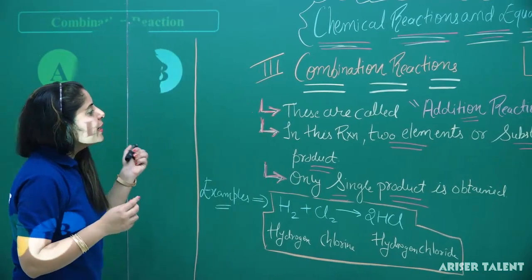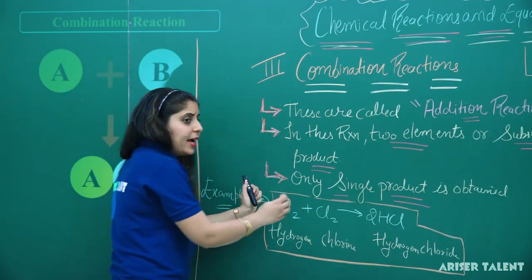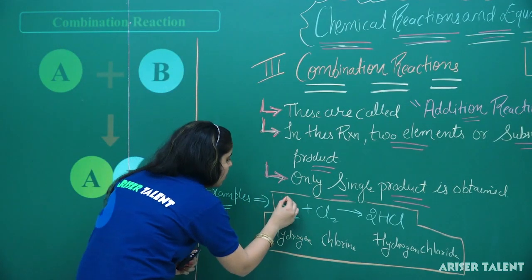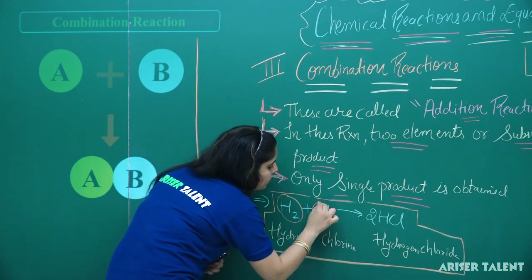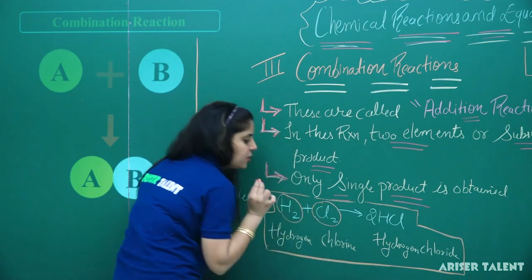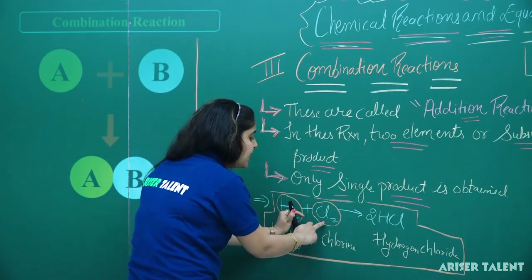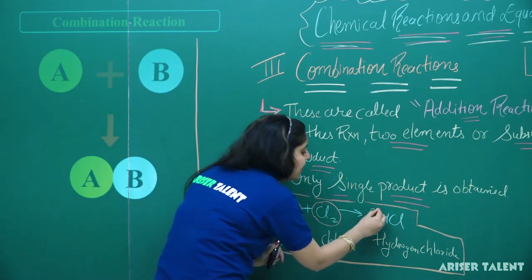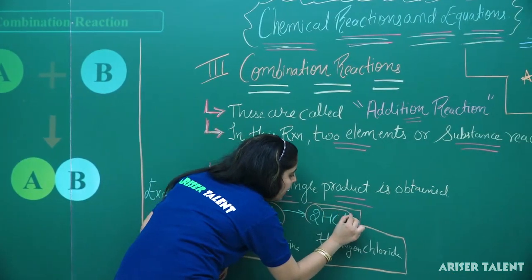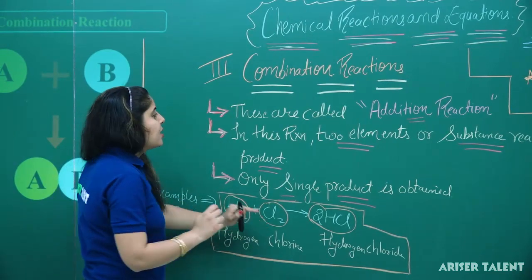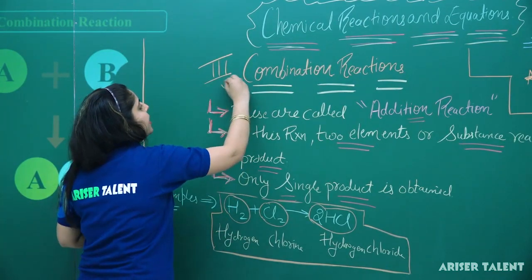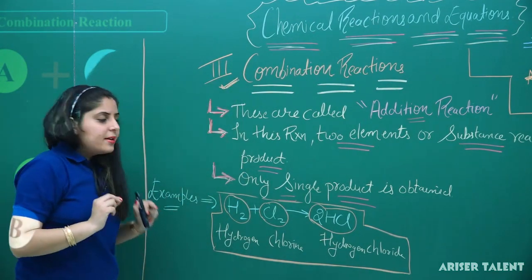What can we conclude from this type of reaction? See here, H2 is an element, and Cl2 is again an element but it is a non-metal. H2 and Cl2 both combine with each other to give a particular product, and the product obtained is only one. So this type of reaction is considered in the category of combination reactions.